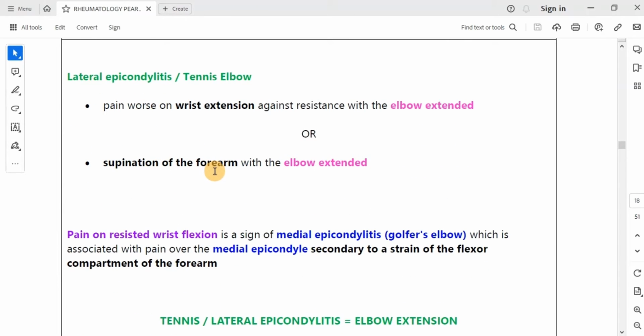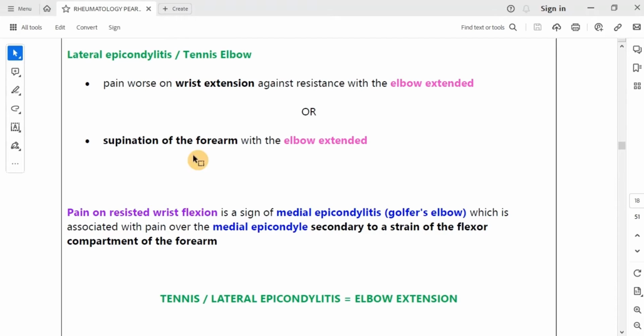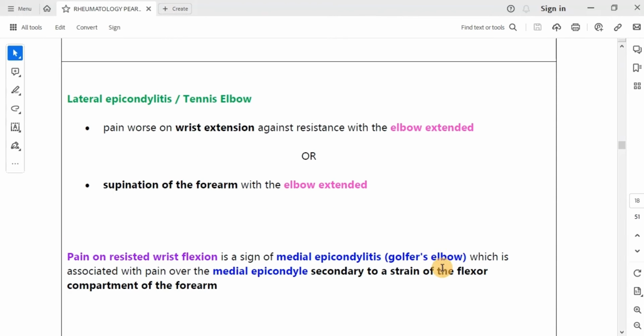Then we have two types of epicondylitis. One is lateral epicondylitis, also known as tennis elbow. Another one is medial epicondylitis, also known as golfer's elbow. In case of tennis elbow, the pain is worse on wrist extension against resistance with the elbow extended, and supination of the forearm with the elbow extended.